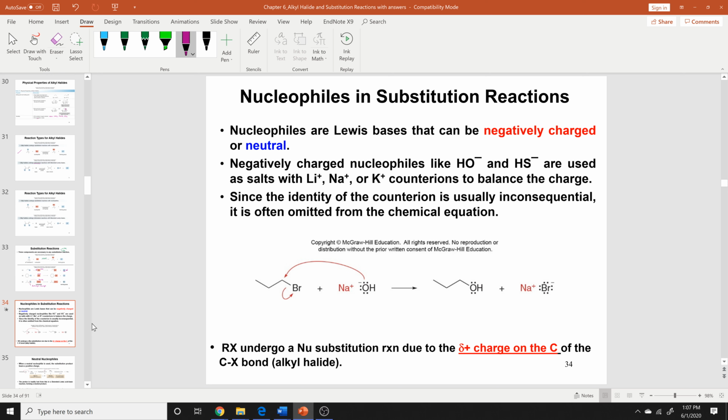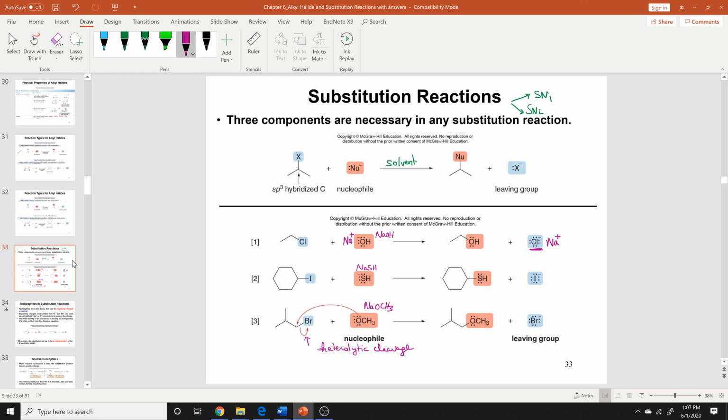Okay. Now, with respect to the nucleophiles, as you saw over here, these are my nucleophiles. Now, nucleophiles do have conditions in there. And there are types of nucleophiles. As we said, there are types of alkyl halides, there are types of nucleophiles, there are types of solvents.